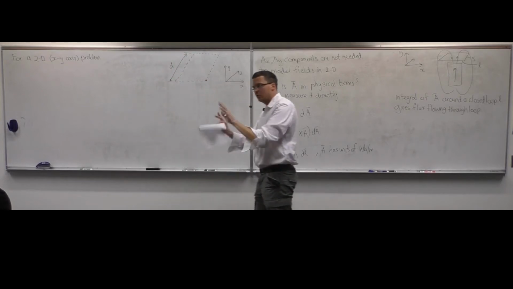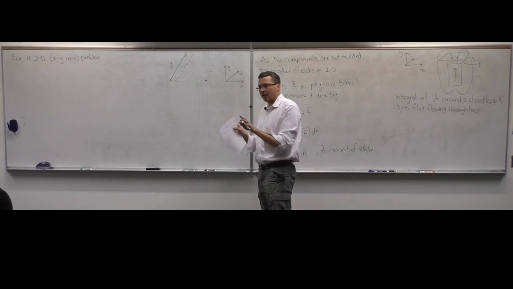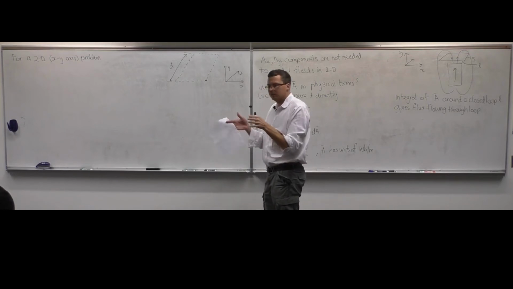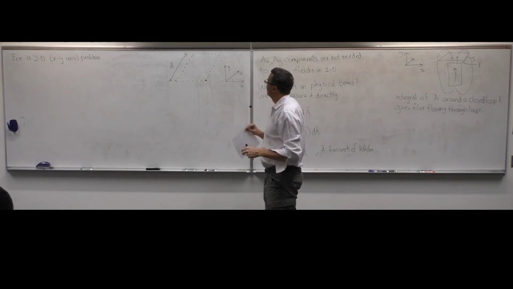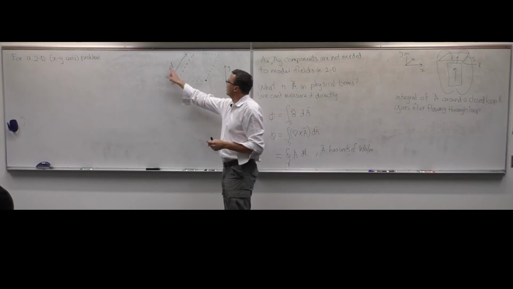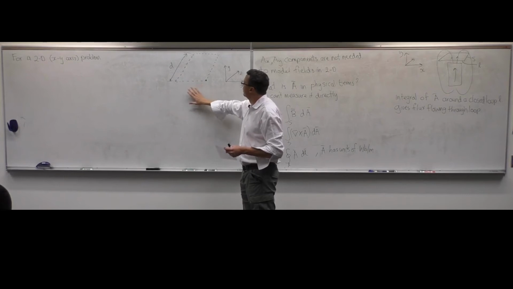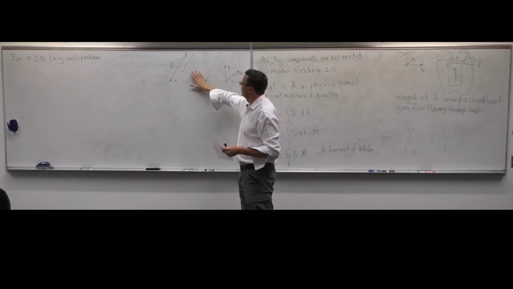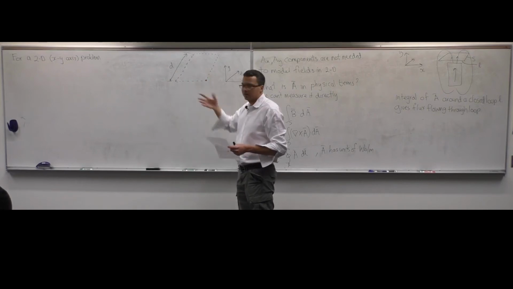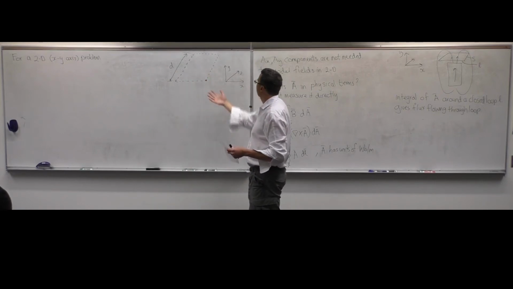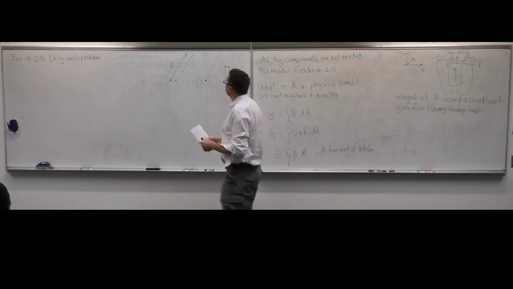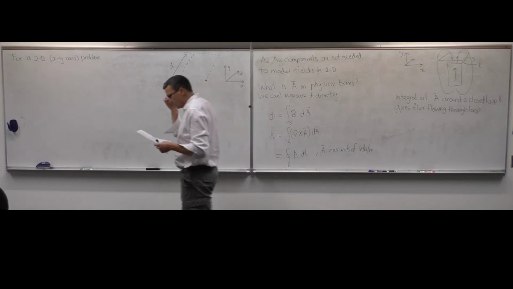So if you have a 2D problem, you just have some defined depth. It could be 1 meter or 0.1 meter or whatever. But it's not a 2D problem. The values do not change as a function of depth because it's 2D. You only have x and y. It's only a surface.